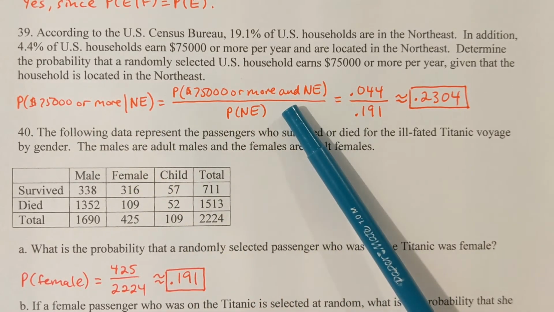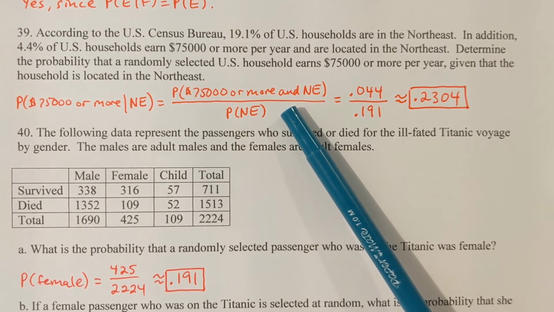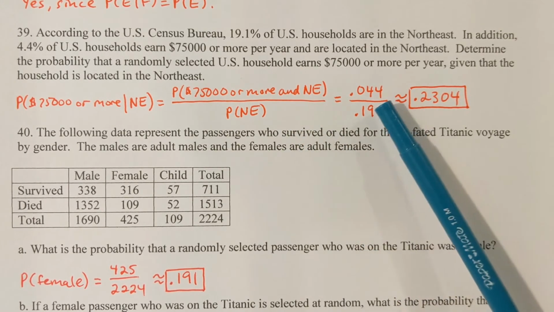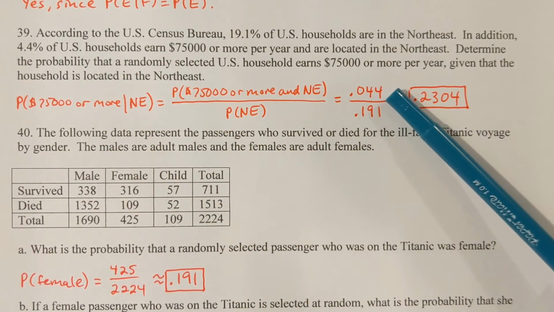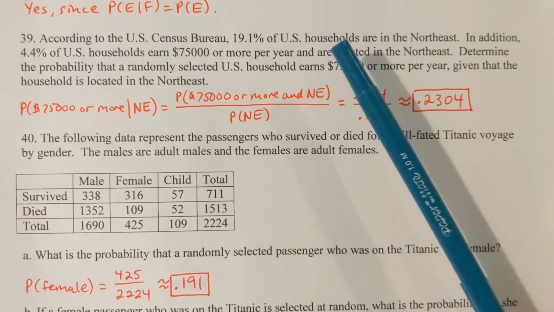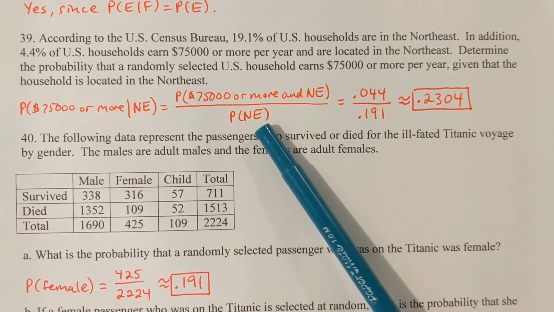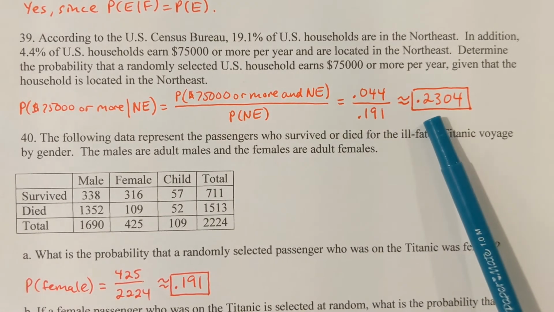Well, I'm using the conditional probability rule, and the probability that somebody earns $75,000 or more and is located in the Northeast region, they told us that was 4.4%. Here's that number in decimal form. 19.1% of households are in the Northeast, so 0.191 would go in the denominator, and you get roughly 0.2304.